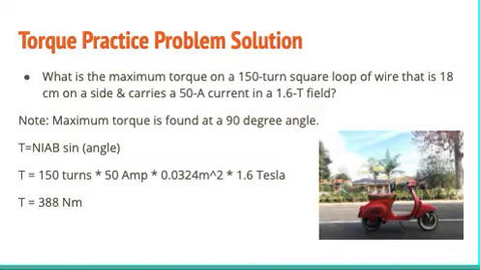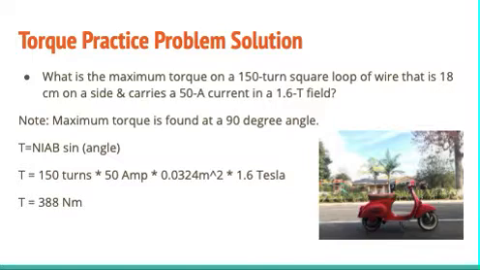So then down below we have the torque equation, and we can plug in the different components that we were given from the question, such as the 150 turn is N, the 50 amps is I, and then B is 1.6 Tesla.